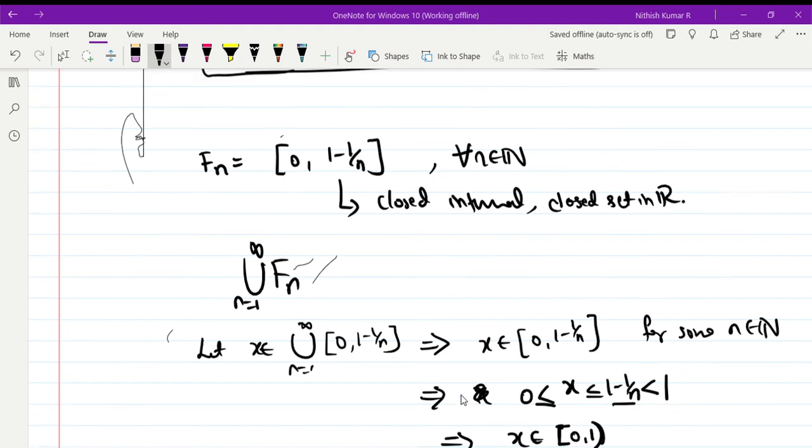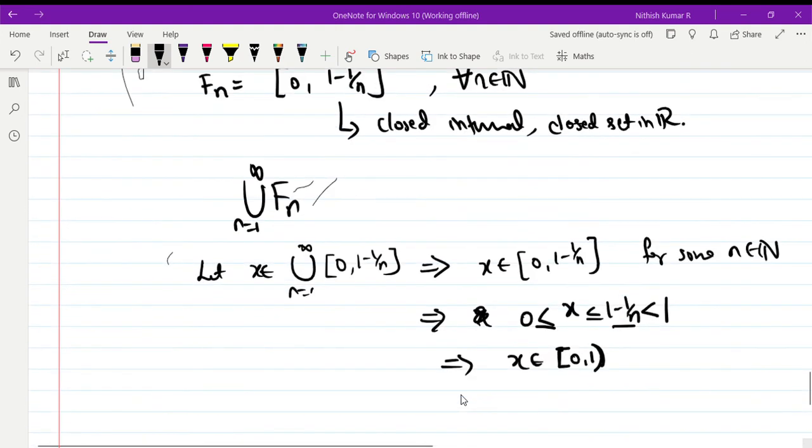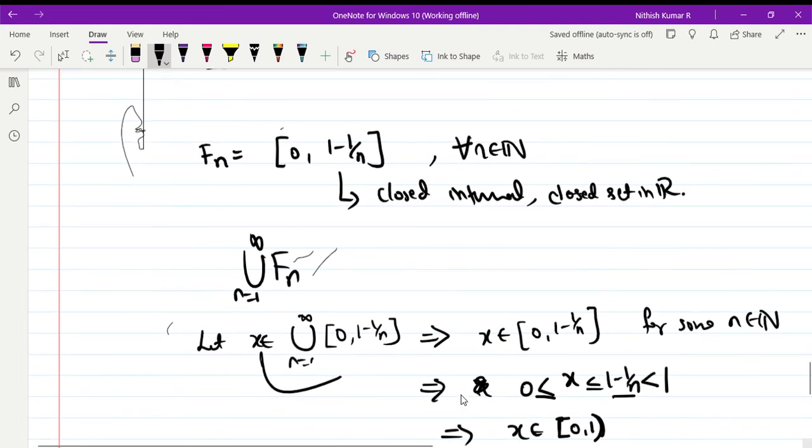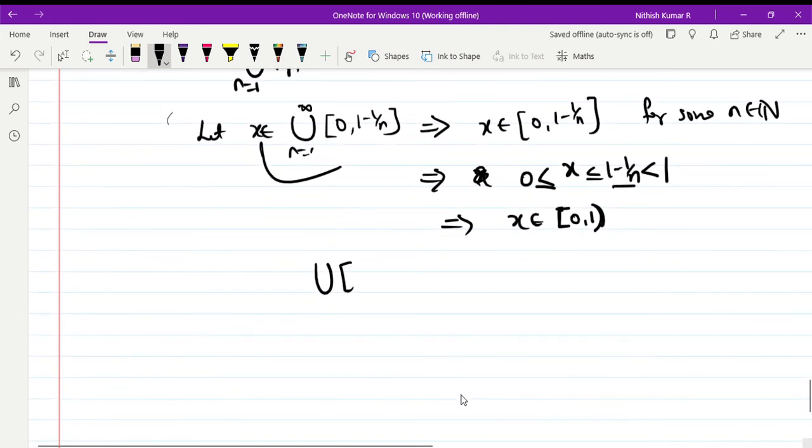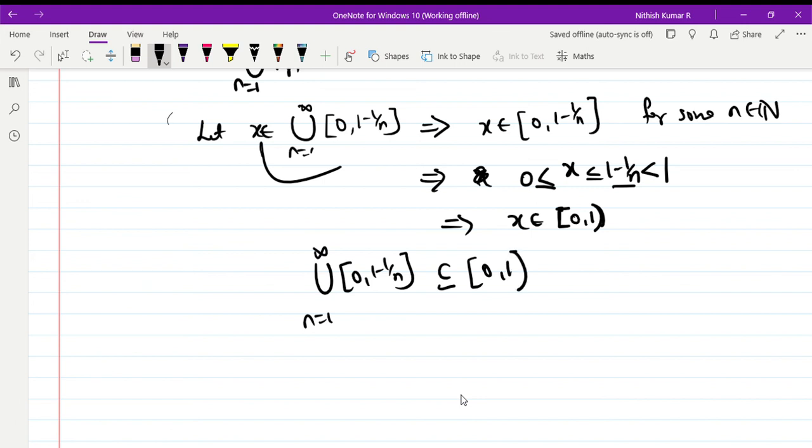So now this x is arbitrary, so we can say that the union of closed intervals [0, 1 - 1/n] when n ranges from 1 to infinity is clearly contained in the half open interval [0, 1).